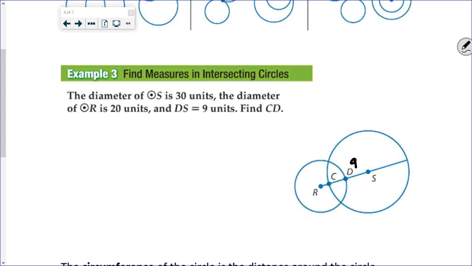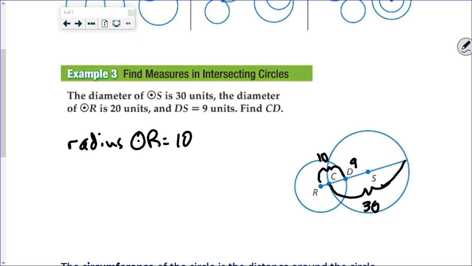We're told that the diameter of S is 30 units. The diameter of R is 20 units, so that tells me that the radius of R is 10 units.